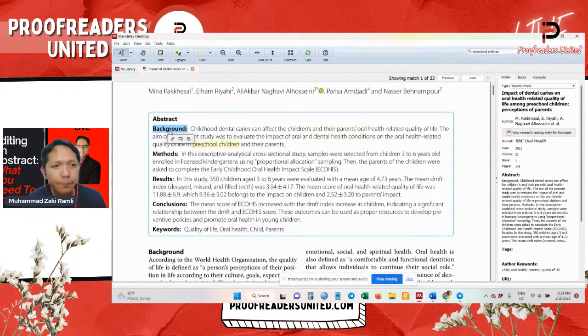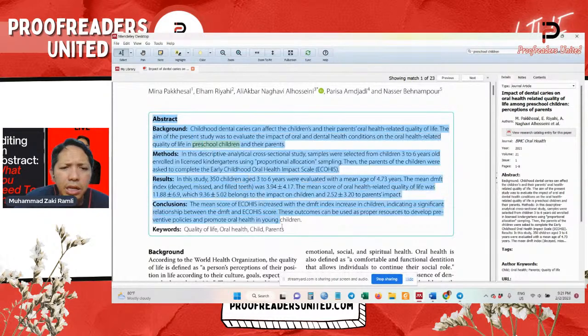Also, in this abstract, we will try to find ways where we can help to reduce the number of words. In order to do that, we can learn better.